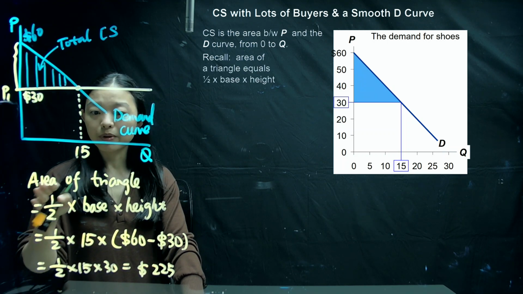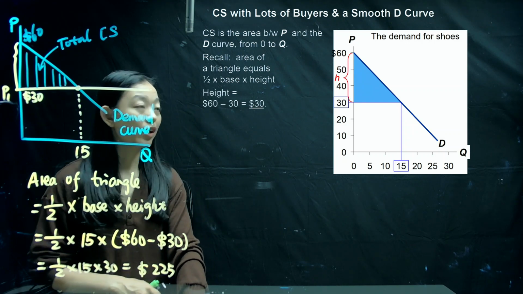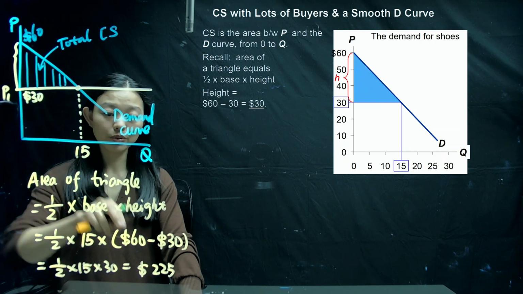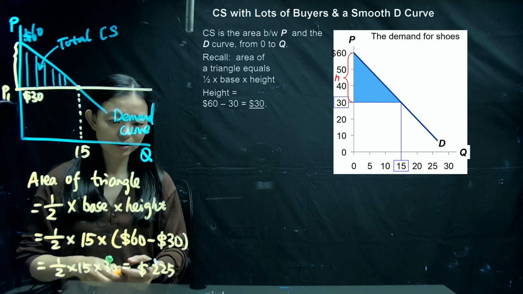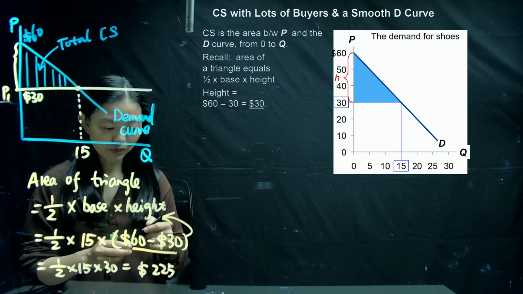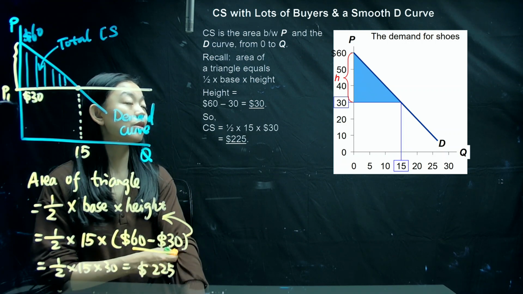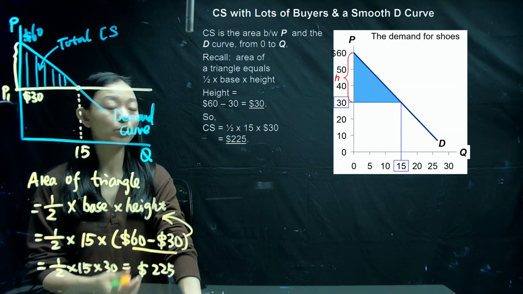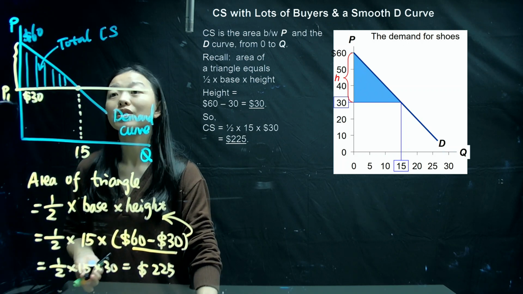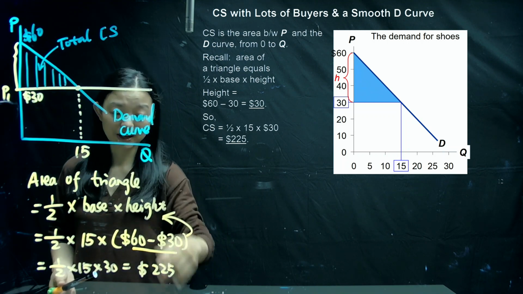And then here we can compute the area of the triangle, right? It equals base times height. So the height here equals $30, as I mentioned, and the base equals 15. Therefore, we get the total consumer surplus equal to $225. So this is the way that we can compute total consumer surplus if we have the normal demand curve.